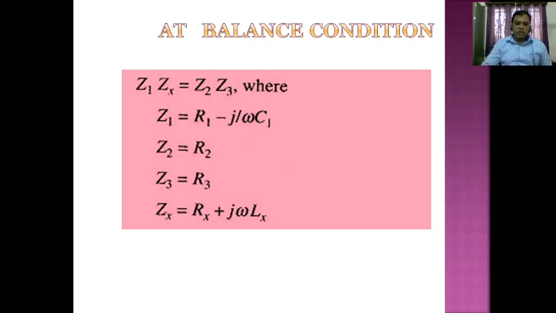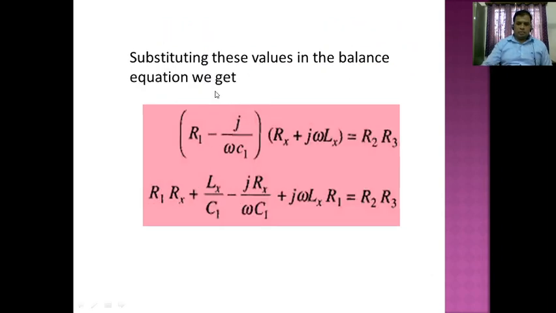By substituting these values in the equation Z1 Zx equals Z2 Z3, we get (R1 minus j by omega C1) into (Rx plus j omega Lx) equals R2 R3. Now multiplying these out, we get R1 Rx plus Lx by C1 minus j Rx by omega C1 plus j omega Lx R1 equals R2 R3.